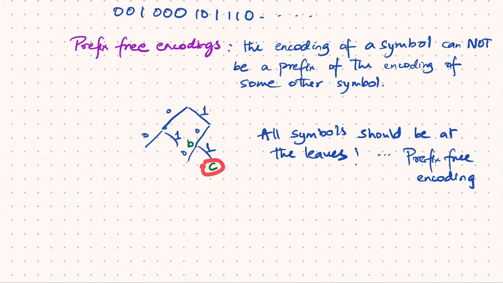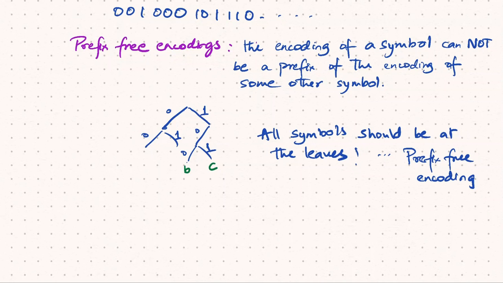When one symbol is a descendant of some other symbol in the tree, that would mean it is not prefix free, so we don't want that to happen. We require that all the symbols occur as leaves. So we probably have B here and something like that.